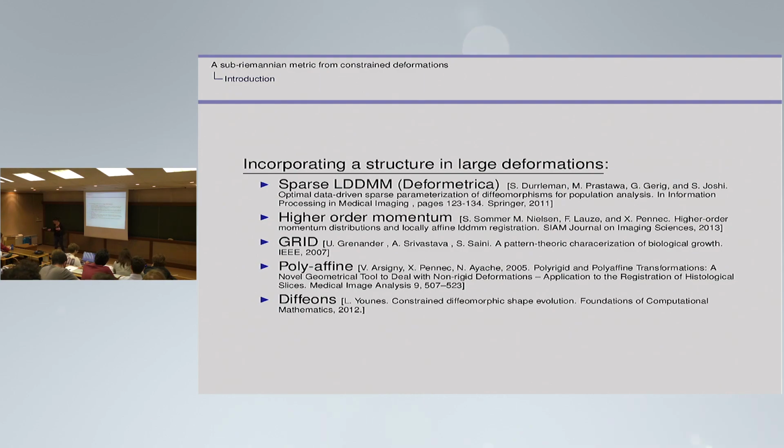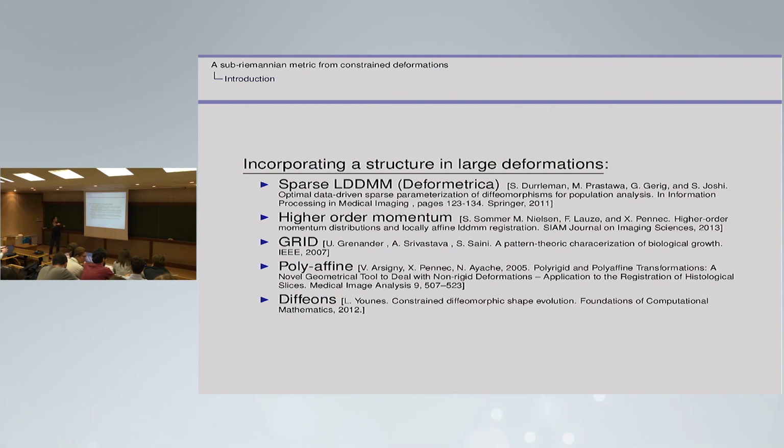Many models have been built with this idea of incorporating a structure in large deformations by putting some structure in the space of vector fields, forcing those vector fields to be a combination of a few vector fields that you can control and that can be interpreted.